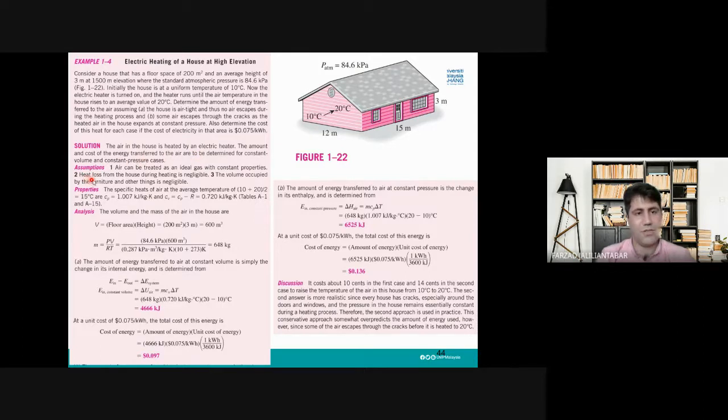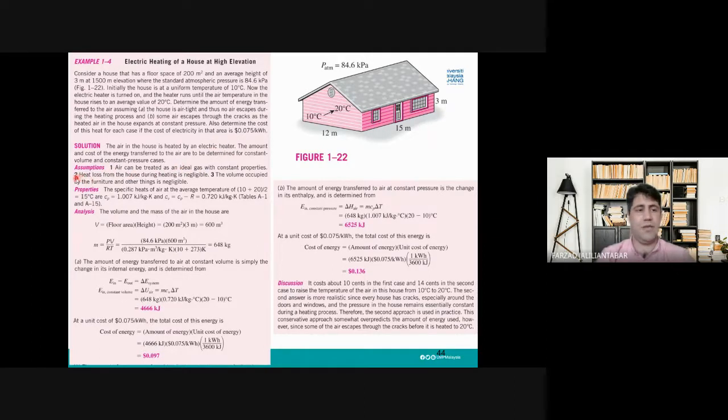The assumptions are air can be treated as an ideal gas with constant properties. Usually in the room temperature environment or the normal temperature, which we have 10, 20, we can make these assumptions.